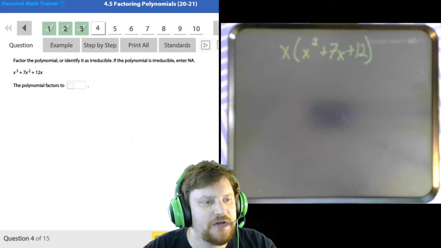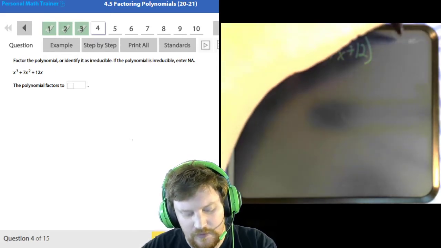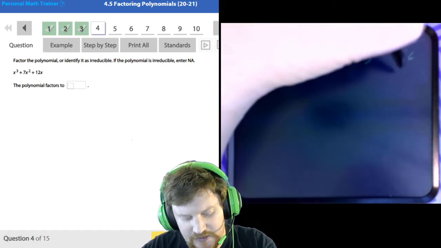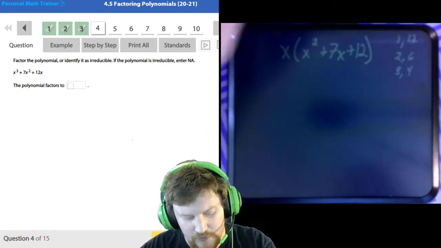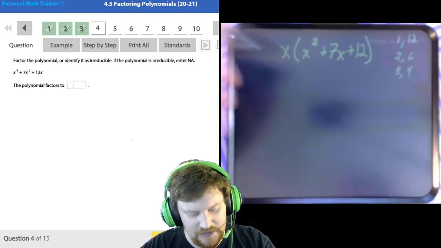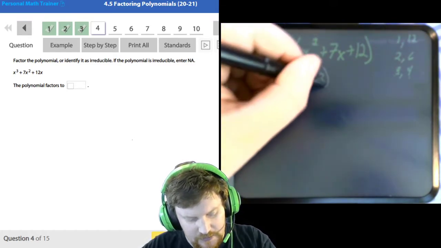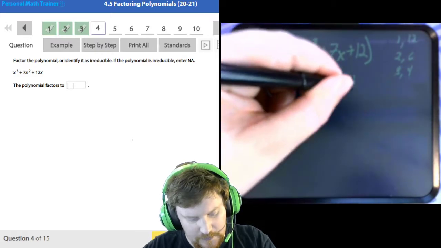Let's see. Factors of 12. 1 and 12, 2 and 6, 3 and 4. Well, 3 and 4 add together to give me 7. So I've got x, x plus 3, and x plus 4.